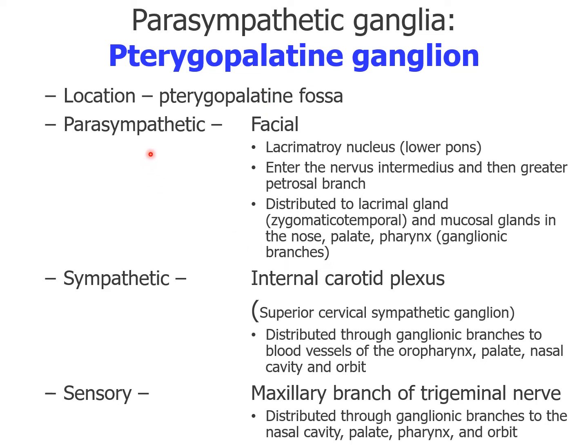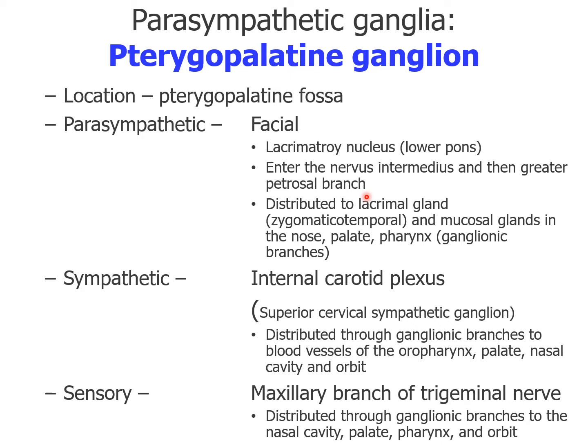The parasympathetic fibers related to the pterygopalatine ganglion originate in the lacrimatory nucleus of the facial nerve in the lower pons and then enter the nervus intermedius branch and then the greater superficial petrosal branch of the facial nerve.